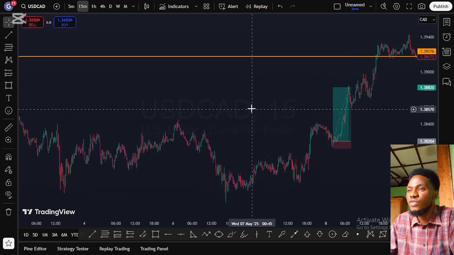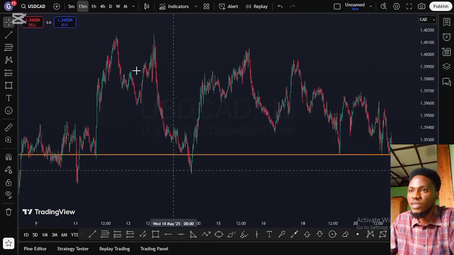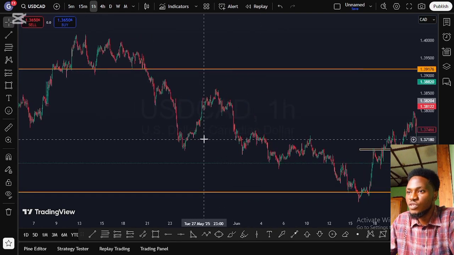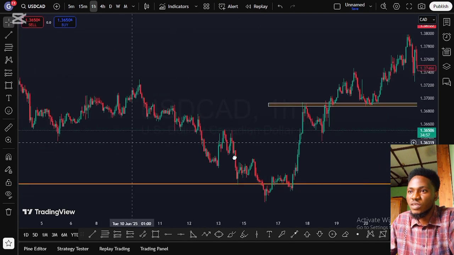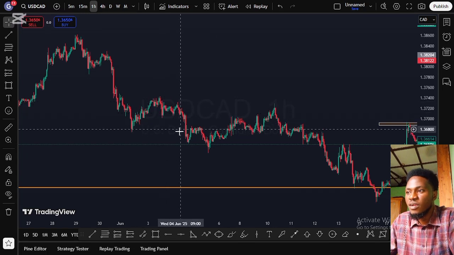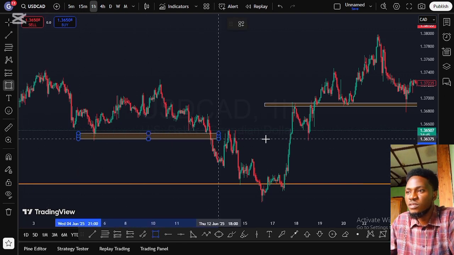Okay, so let's do the bearish side. Let's look for a market that is really falling. We'll go on a 1 hour to identify it first, to make sure that zone will hold. For example, I can see this one. So this is it.